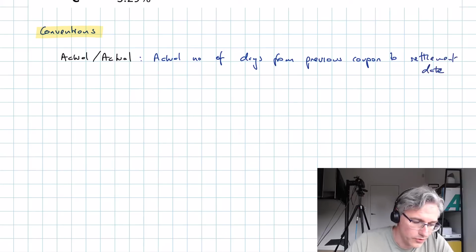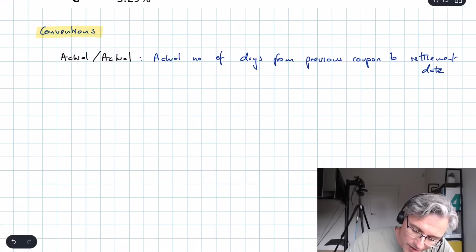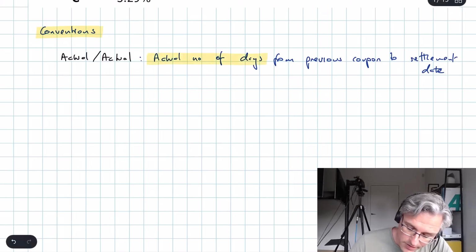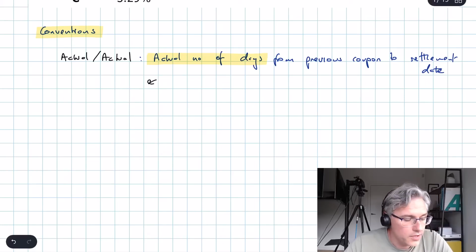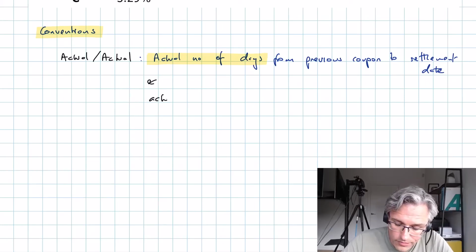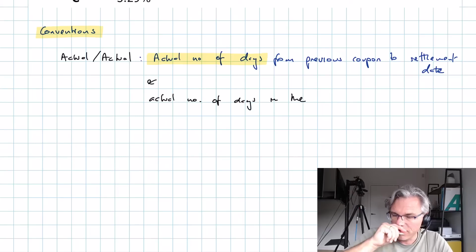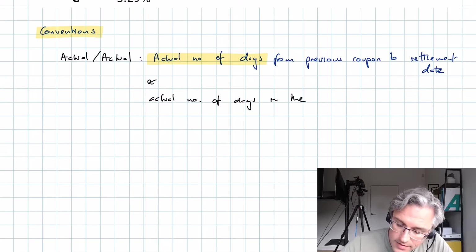When you do this computation, you take the actual number of days, whatever that number of days is, and also we assume the actual number of days in the year, be that 365 or perhaps 366.